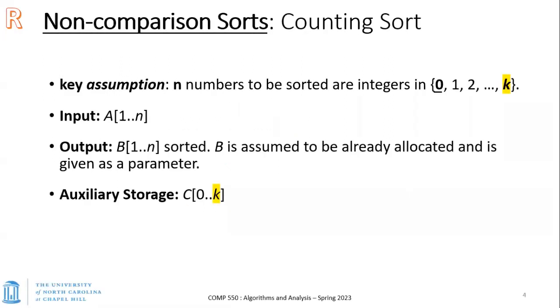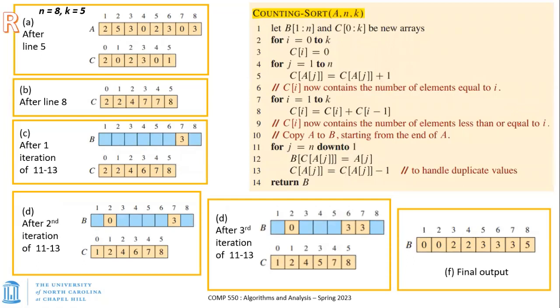Then we started speaking about non-comparison based sorts, and we started looking at counting sort. We made a big assumption here, that the range of the numbers to be sorted is up to a number k. So you have n numbers, but the range is a maximum of k. We went through counting sort, and I'm not going to go through that again.